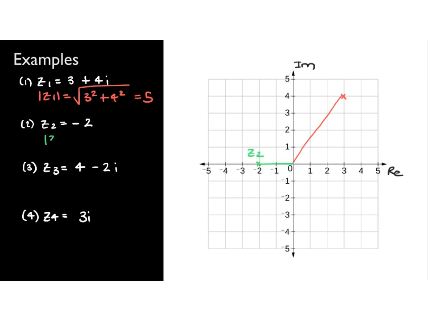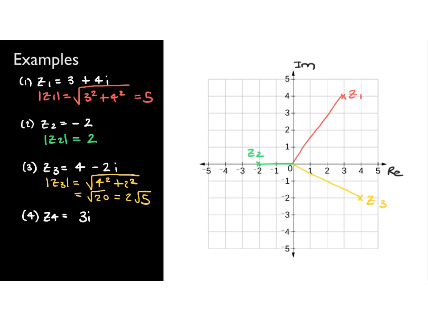Now z2 is equal to negative 2. And the modulus of z2, we don't even need to use Pythagoras' theorem here, is simply going to equal 2. Now, z3 is 4 subtract 2i, so that will take us down here. So there is z3, and the modulus of z3 is going to equal the square root of 4 squared plus 2 squared, ignore the negative, and this of course gives us root 20, or 2 root 5.